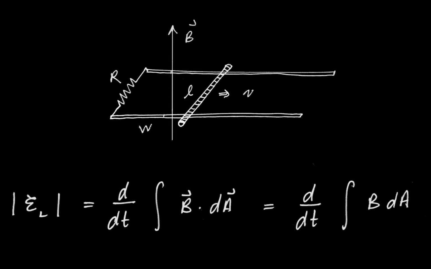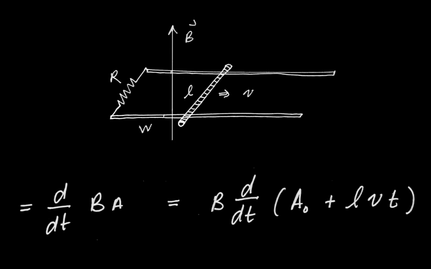The time dependence of the area is not relevant to the integral. It's relevant to the derivative, but not the integral. So the integral of B dot dA simply becomes B times dA. The magnetic field is constant over the area. It comes out of the integral, and so this simply becomes B times A, as I alluded to before. And I think that's something that you're all very familiar with.